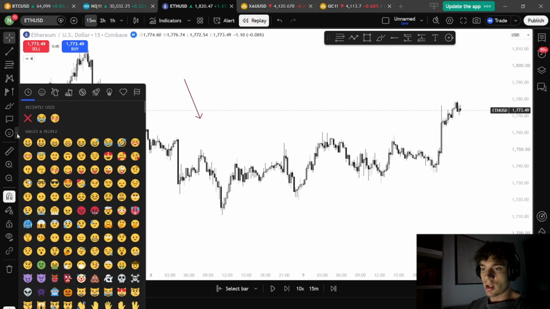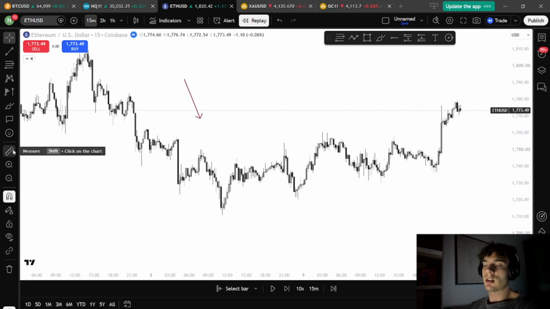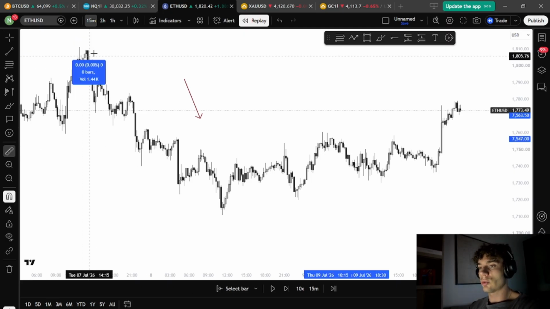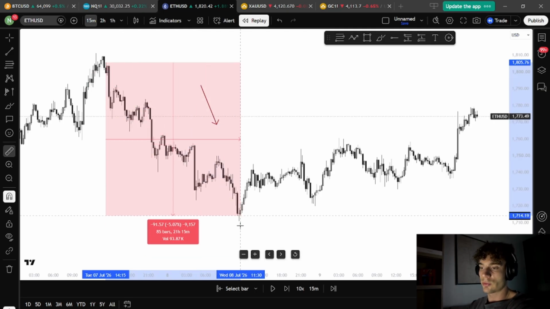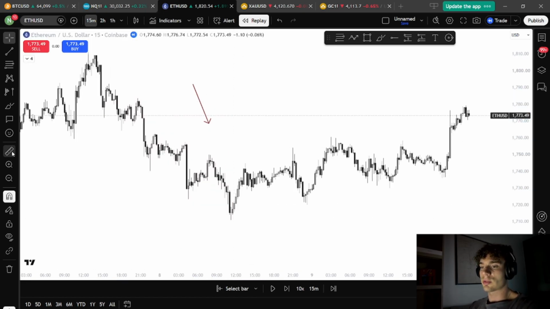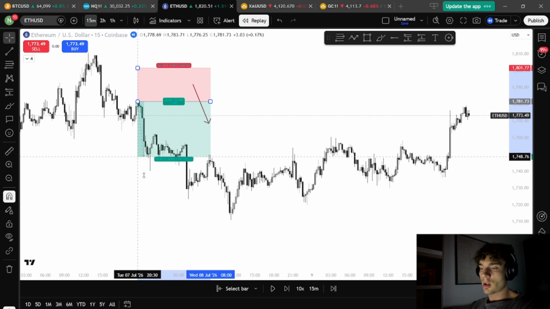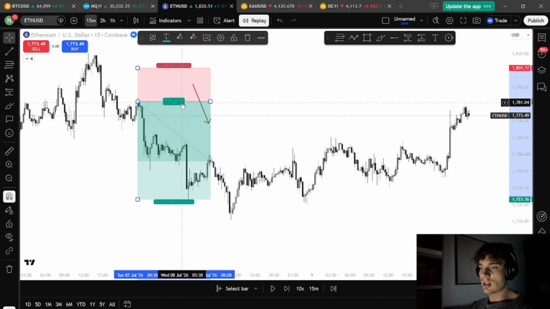But anyway, after this, we have the measuring tool. This is to show you how big of a move this was. For example, this was like a 5% move to the downside, or 9,157 ticks. So you can calculate your position. For example, if you open a short, it will show you here how much you're risking and how much you're gaining.